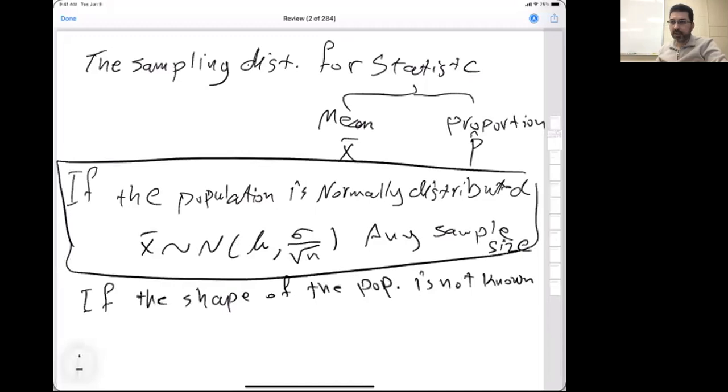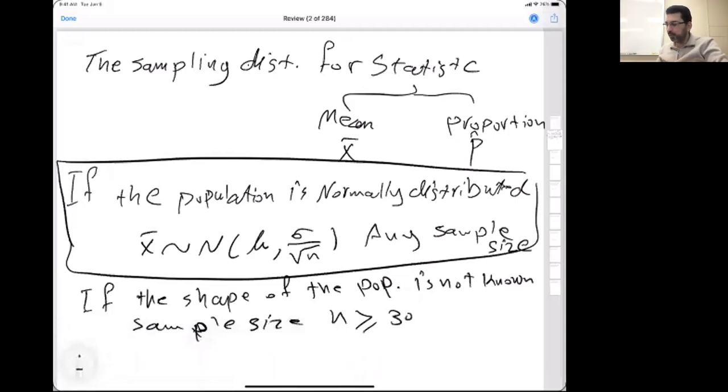We want to say that, but to say that we have one condition. You have to have sample size of 30 observations or more. So the sample size n should be 30 observations or more.